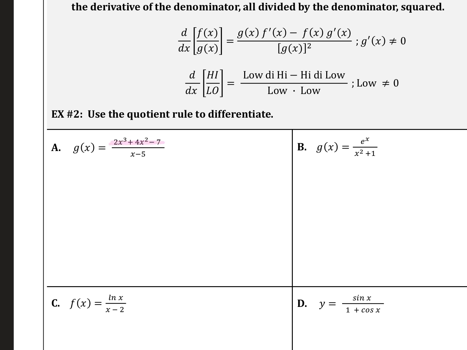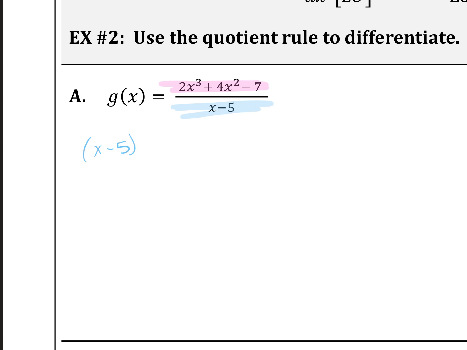Okay, so now we're worried about the top and the bottom. So the quotient rule says you take the bottom times the derivative of the top minus the top times the derivative of the bottom, all over the denominator squared. Okay, so similar to the product rule, just a little more steps. So we take the bottom, which is x minus 5, times the derivative of the top, which is 6x squared plus 8x.